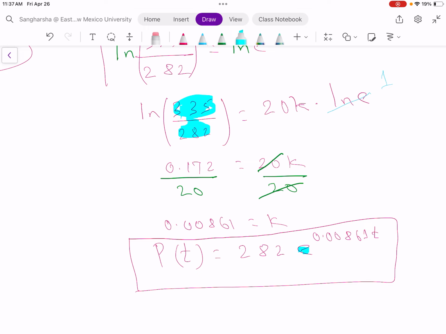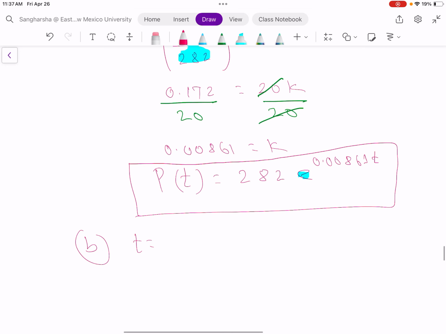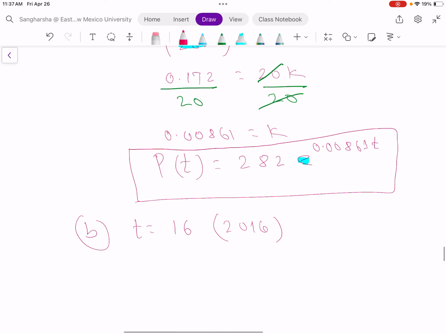Now in part B, it tells us to estimate the population in 2016. So we're going to use this function. Now year 2016 means what is the time? 16, right? Our t is the number of years after 2000. So for 2016, our t is 16. Now you substitute 16 for every t in this function.